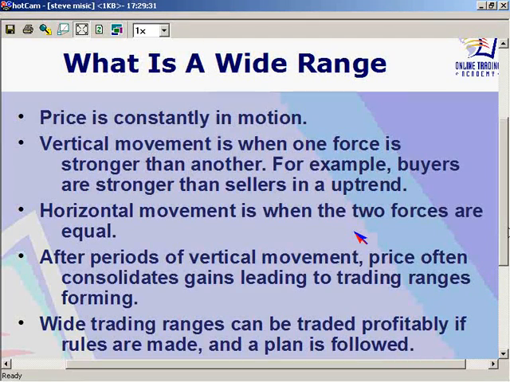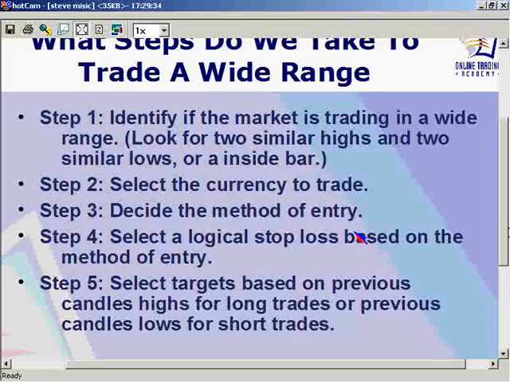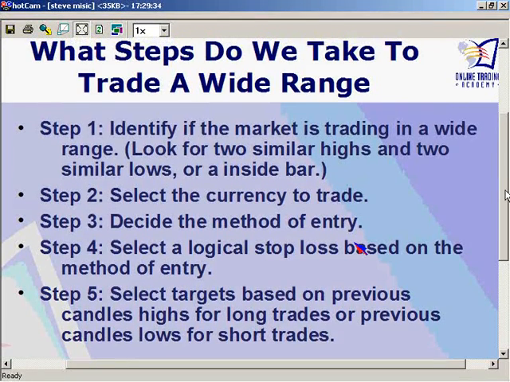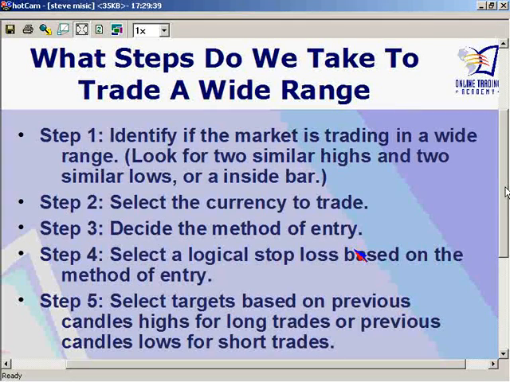So let me set this up for you, what exactly happened here. First of all, we'll lay out the rules, and then I'll tell you the situation behind the trades that you're going to see that we took here for the last couple of days. Okay? I'm going to screen through my currencies to see which ones are going to give me the opportunity to actually trade a trading range. So that's the first thing I'm going to look for.